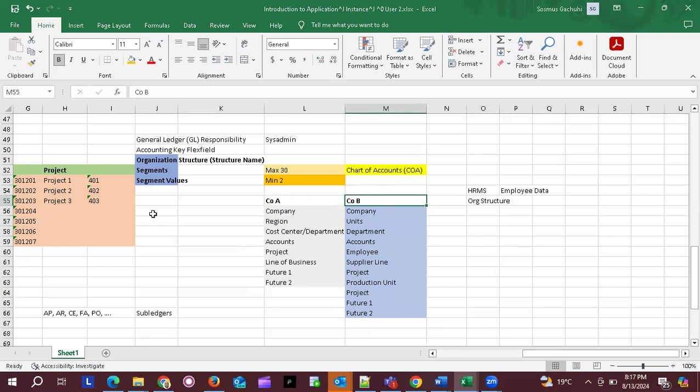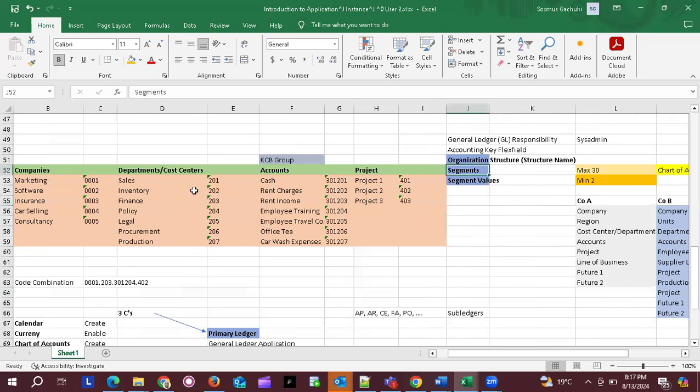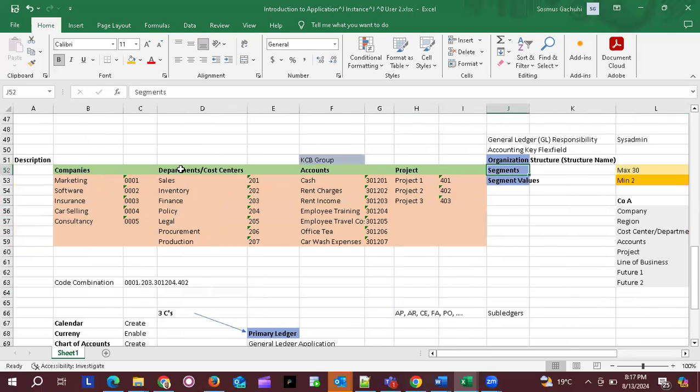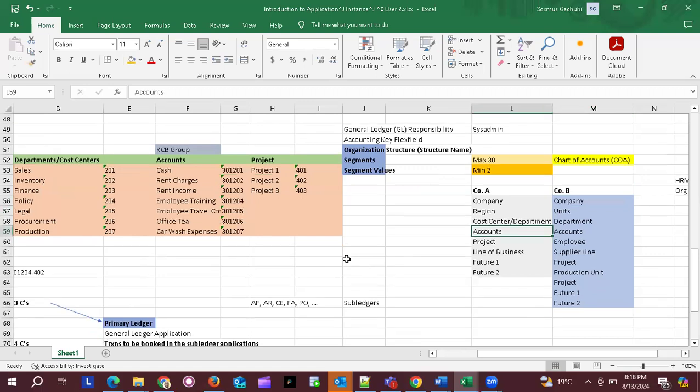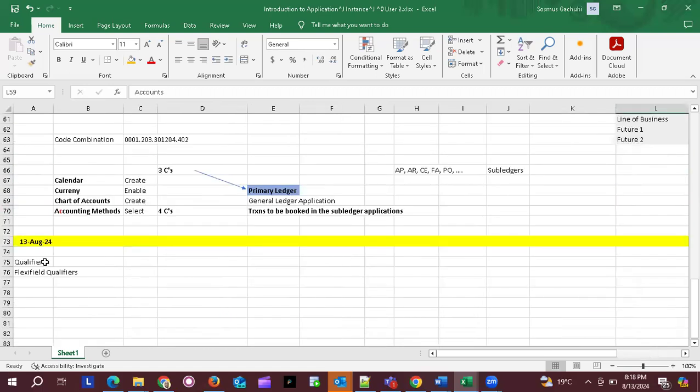This one is in relation to these segments. It is very, very important. You don't just create them because you have an option to create. There is some guidelines that you have to follow and some standard you have to practice so that you can be giving best practices. So if there's no question, let me continue with qualifiers.